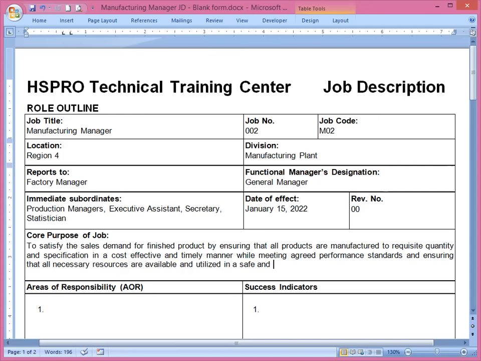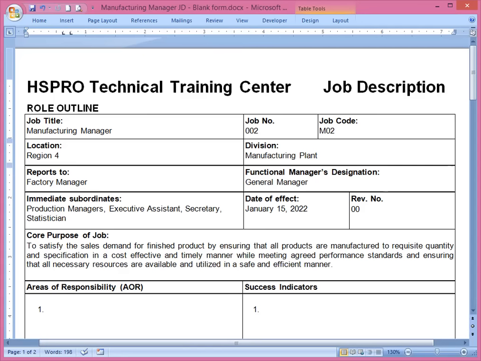We need to maintain the safety and health condition of the workers, in order for them to contribute to the common goal of the organization. So we can say efficient manner. I think we have a complete sentence to satisfy the question of the core purpose of job.